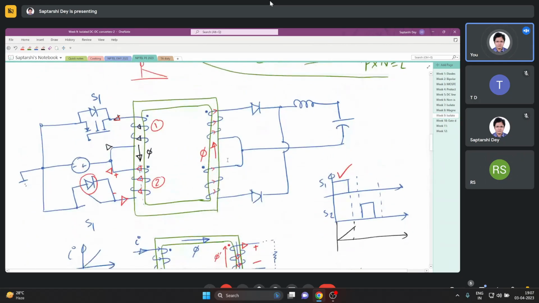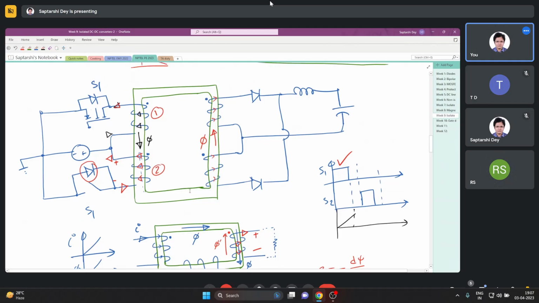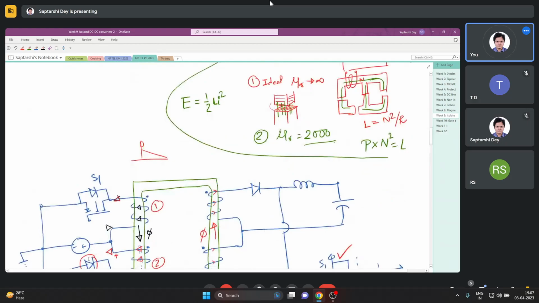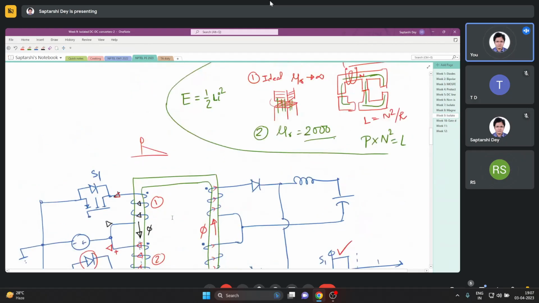This discussion was clear about why we do not need reset circuitry for a push-pull converter. If we simply have these diodes, we do not need reset circuitry. These diodes will let the stored energy flow back to the source.